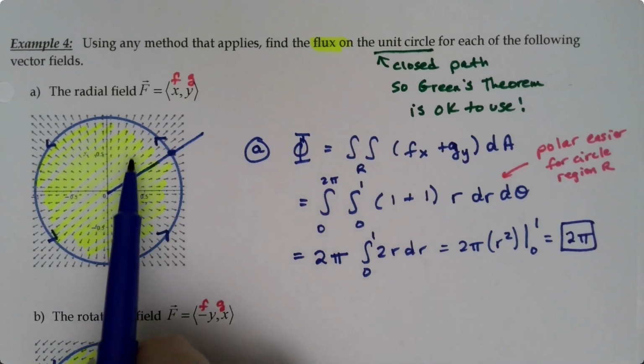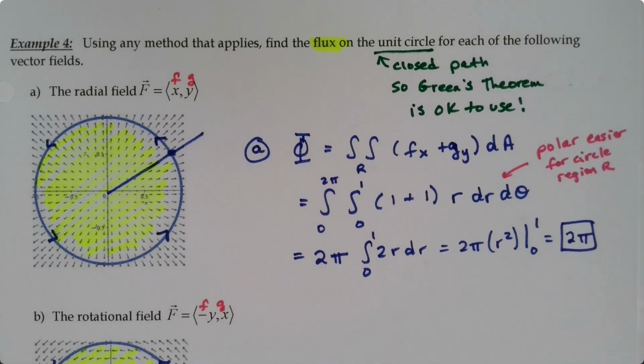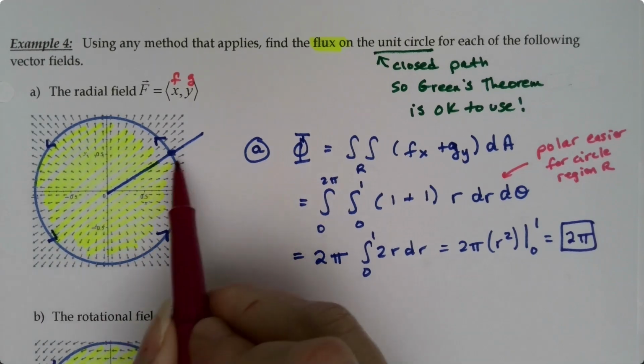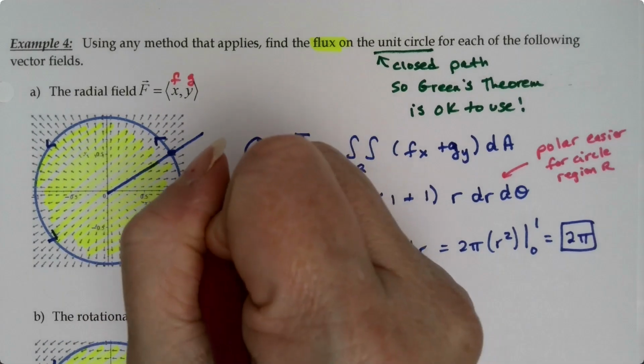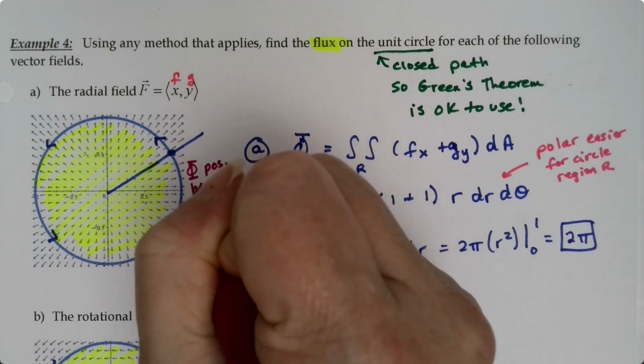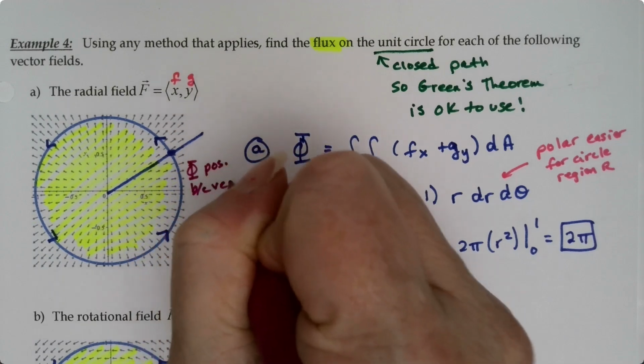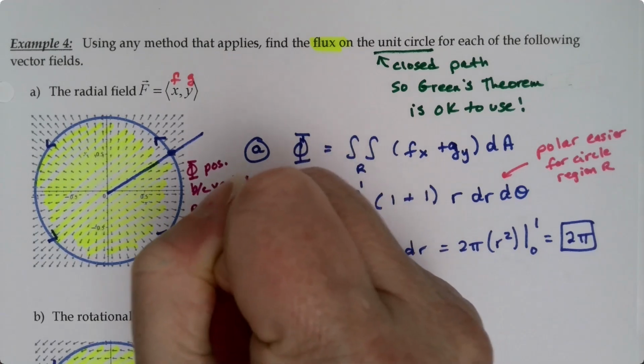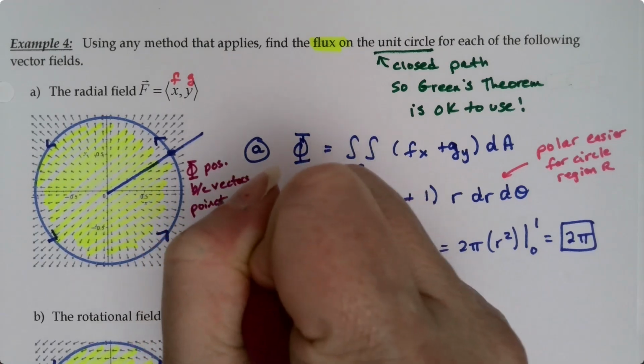And if you look at it, you can see there's a lot of flux on this particular problem. There's a lot of flux because the vector arrows are all pointing outward. They're pointing across the boundary. So the flux is positive because the vectors are pointing across the curve and outside the curve.